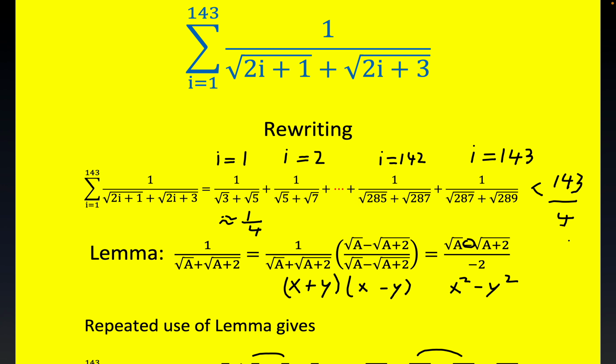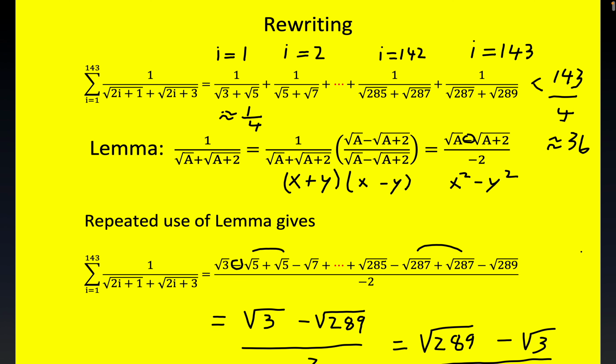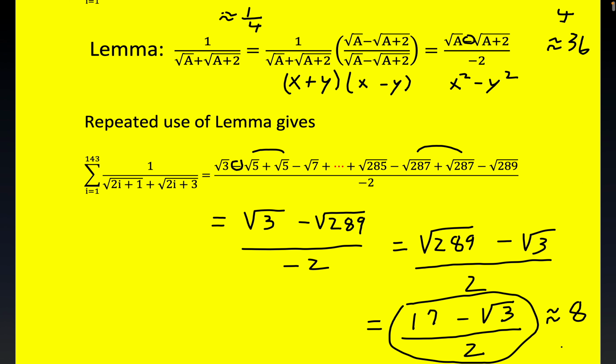So as a sanity check, we know the sum would be less than 143 over 4. 144 divided by 4 is 36, so this is right around 36. Again, I sound like a broken record, but this is a very crude upper bound, and our answer is certainly well underneath. This doesn't inspire a lot of confidence, but this is the answer I got, and I'm pretty sure it's correct.